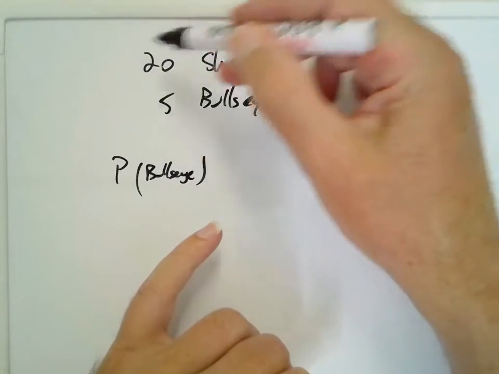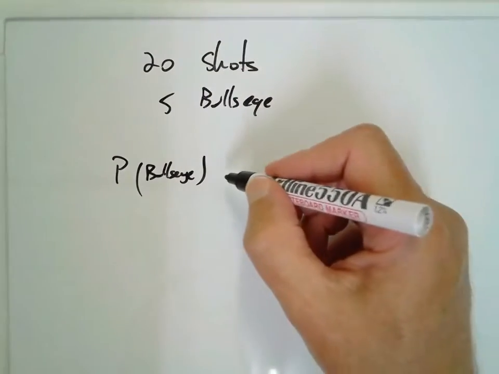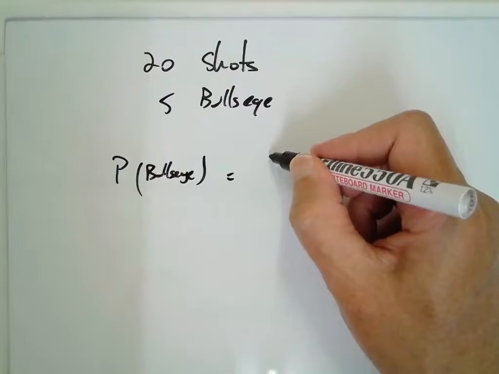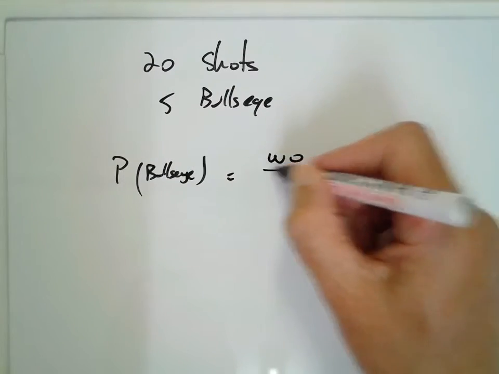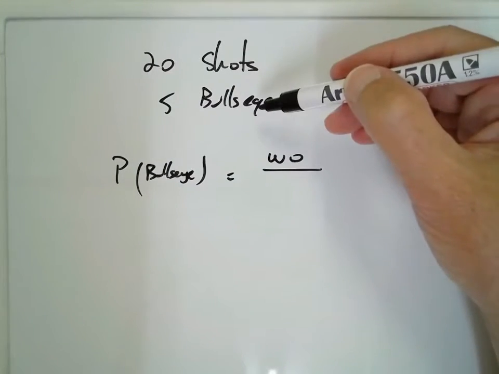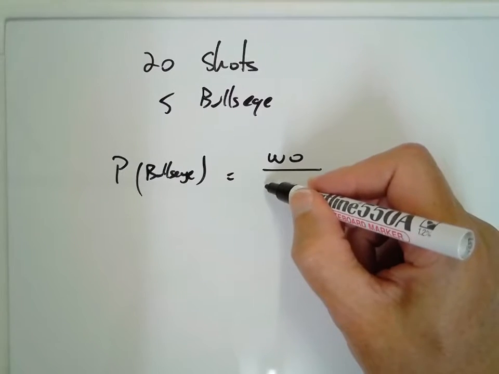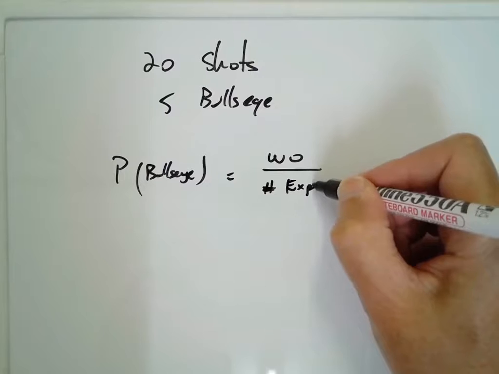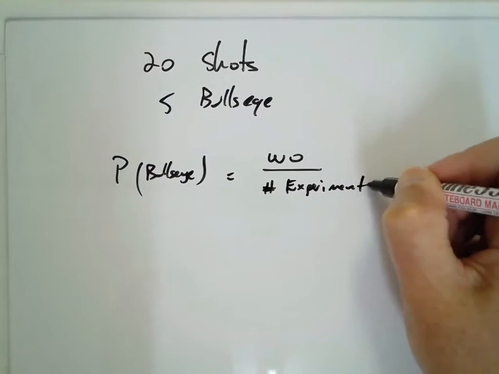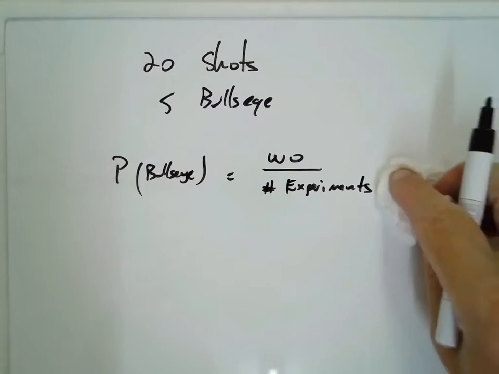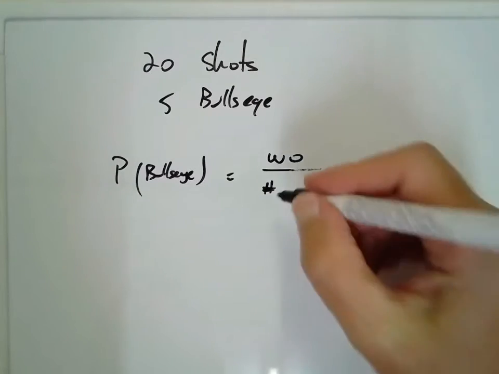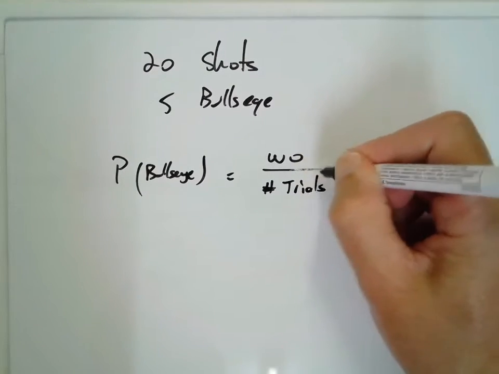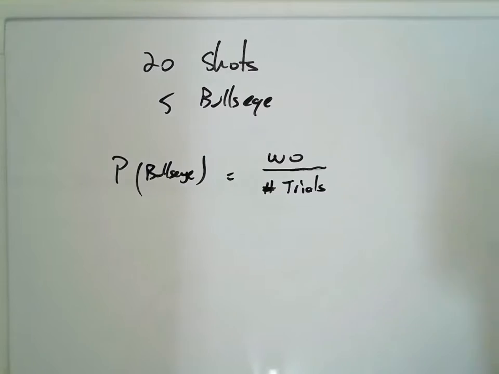So that really is very similar to our previous WOPO. So we're going to go, well, here we've got our wanted outcomes, but because it's not theoretical, we've got to have something different. We're going to have the number of experiments. That word's a little bit big. Trials. I really don't mind which one you use.